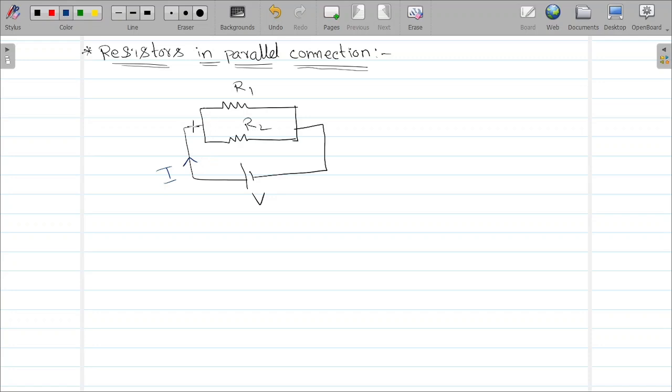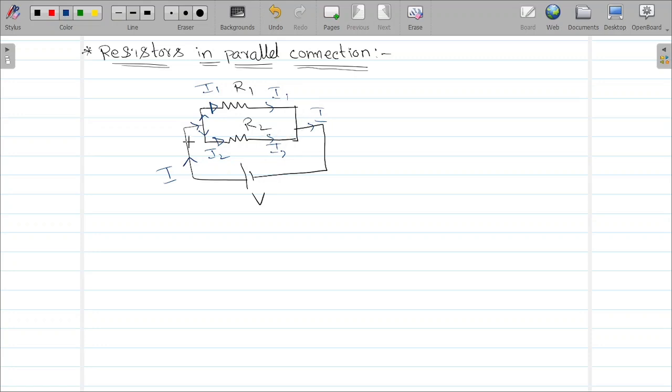Till here the current I comes. Now what will happen? Here some amount of current splits. This amount is I1, and here the current is I2. Again together they form the total current I.